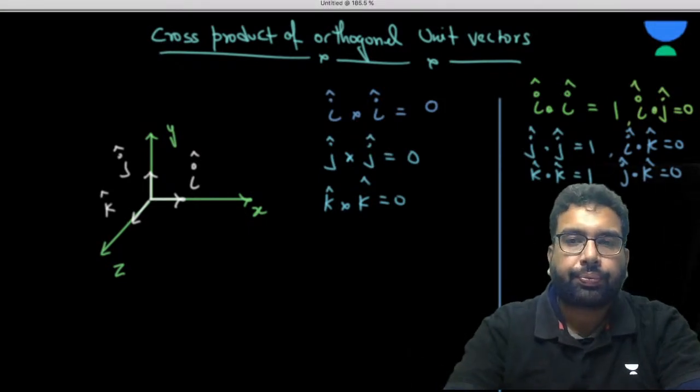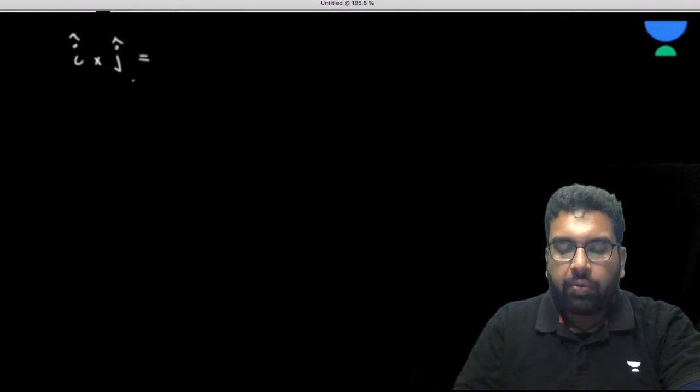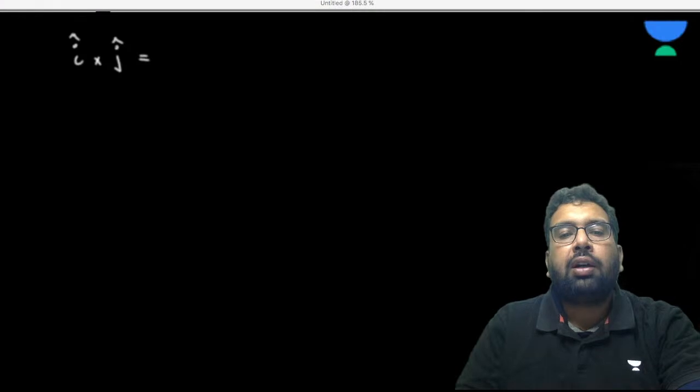Now talking about the cross product. If I do the cross product of i cap and j cap, what are we going to get? When we do the cross product, the result has to be a vector.